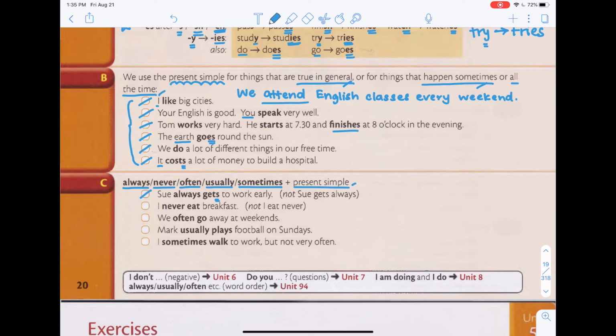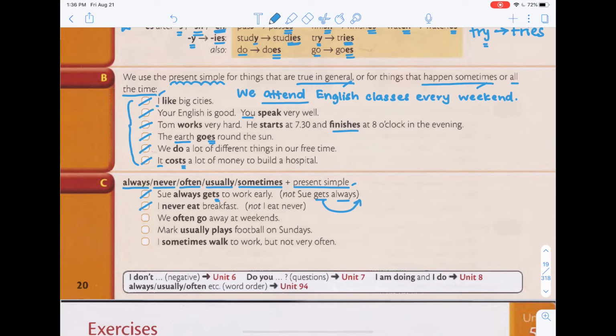You cannot say Sue gets always. The present simple must come after these words, after the word like often. So Sue always gets to work early.